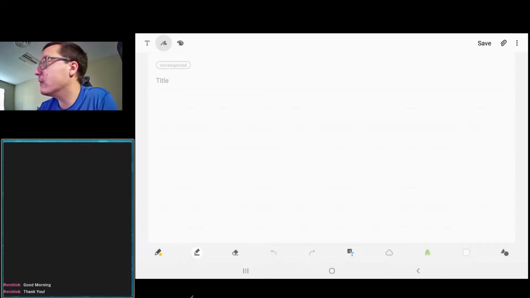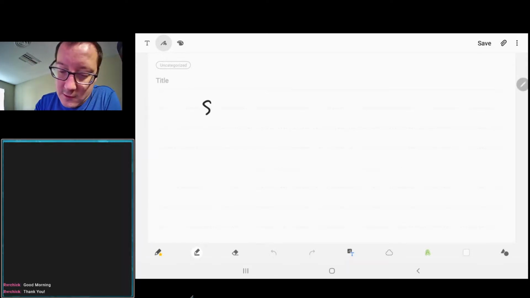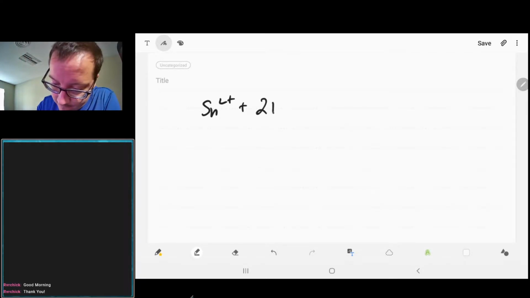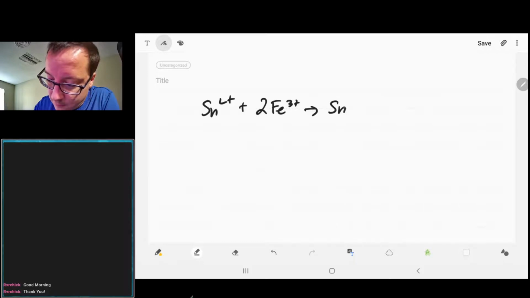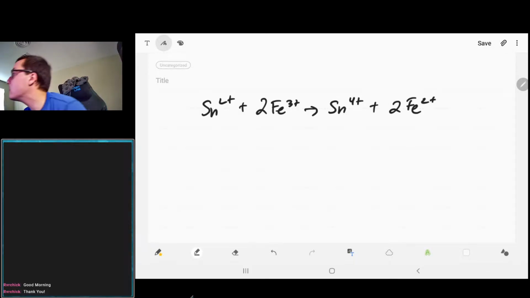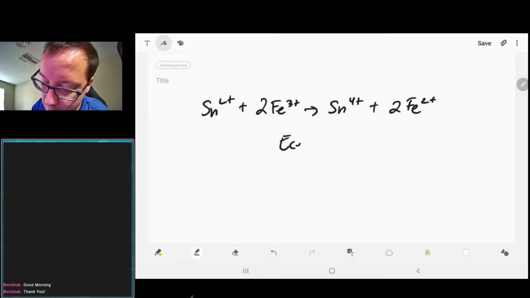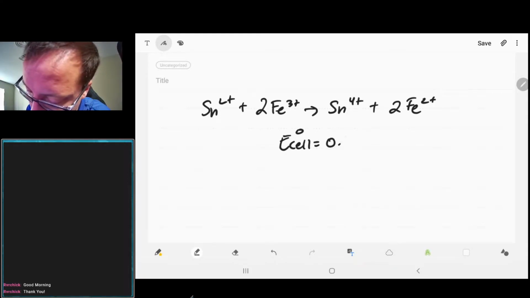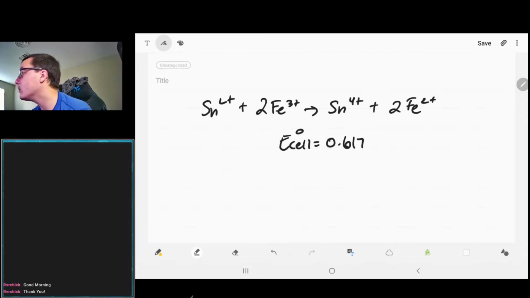So we have tin 2 plus 2 iron 3 plus goes to tin 4 plus 2 iron 2 plus. And we're given that the E naught is 0.617 volts.